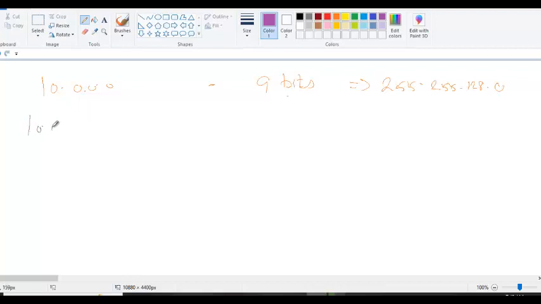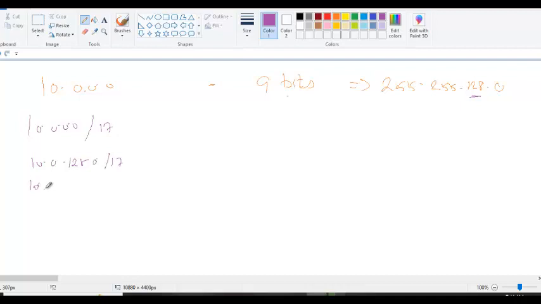10.0.0.0 slash 17. 10.0.0, you see, increment by 128. 10.128.0, slash 17.